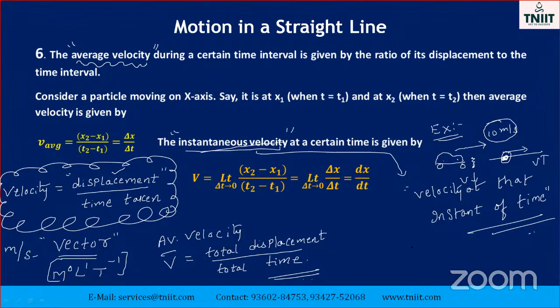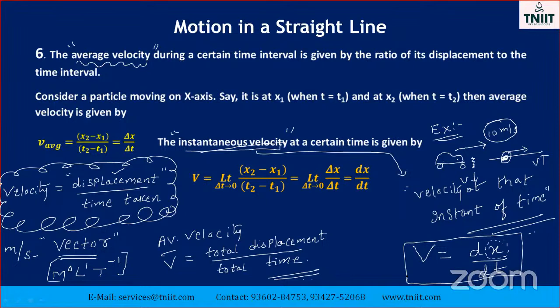And this instantaneous velocity is defined as dx by dt. dx by dt means rate of change of distance x with respect to time. That is what we consider as the instantaneous velocity.